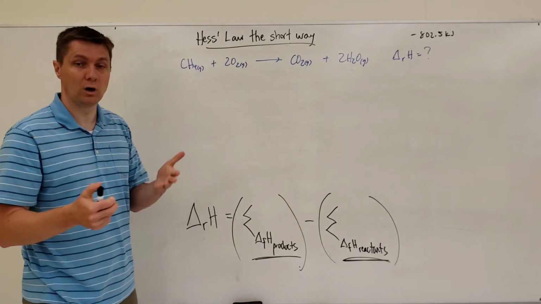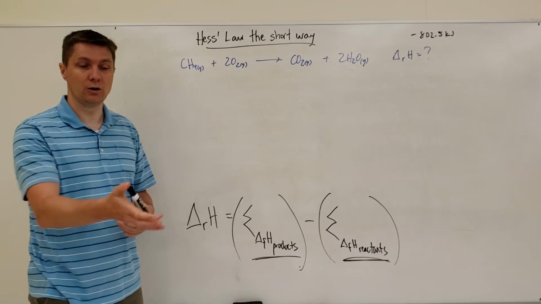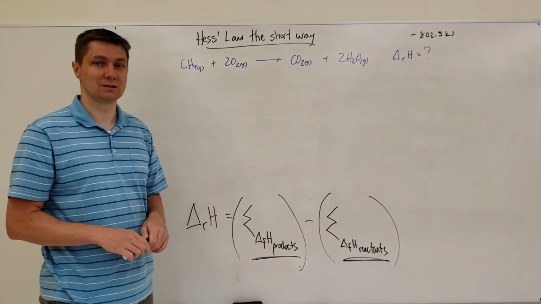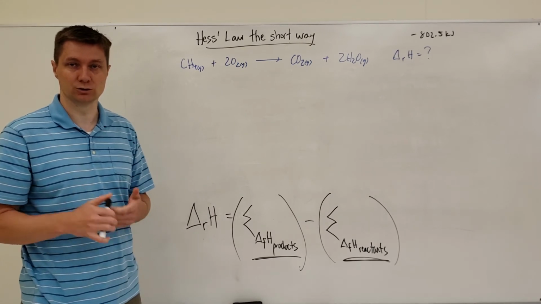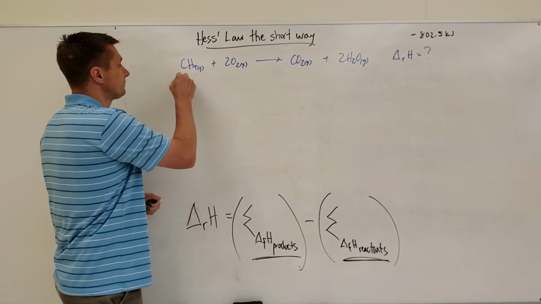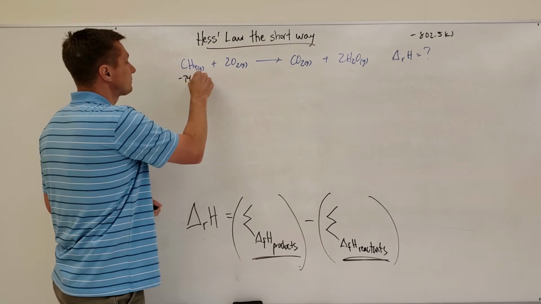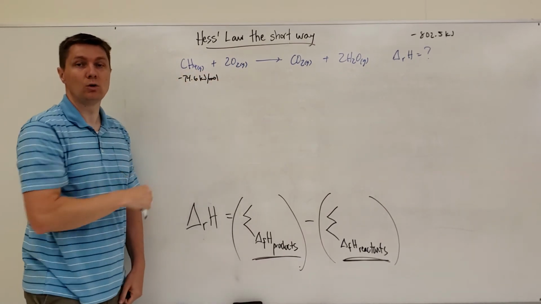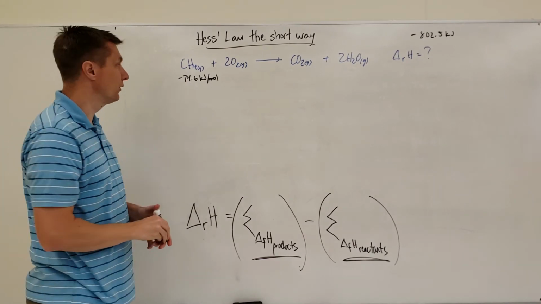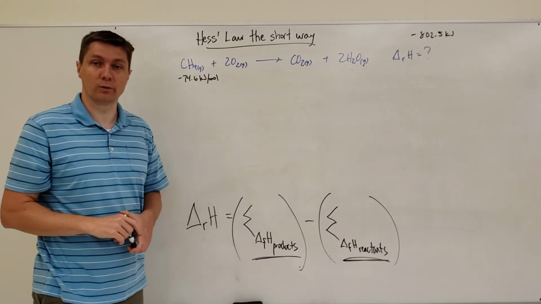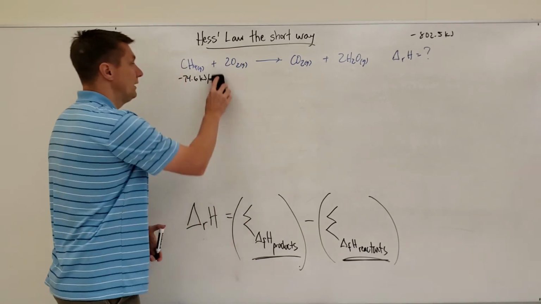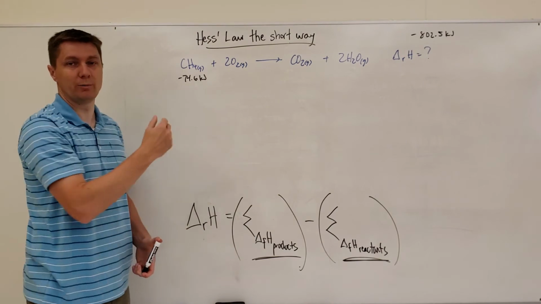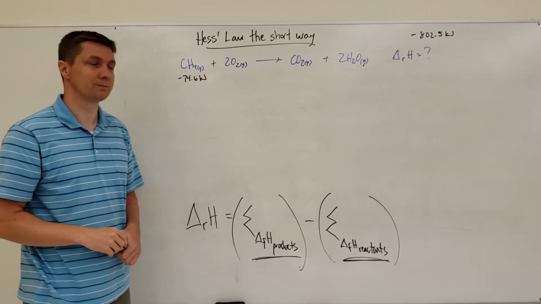For this one, I have 1 mole of methane, and I know, looking in the booklet, that the molar enthalpy of formation of methane is negative 74.6 kilojoules per mole. Now, because I only have 1 mole of methane here, that's just negative 74.6 kilojoules. It's like I've multiplied this number by 1 mole to cancel out the moles.